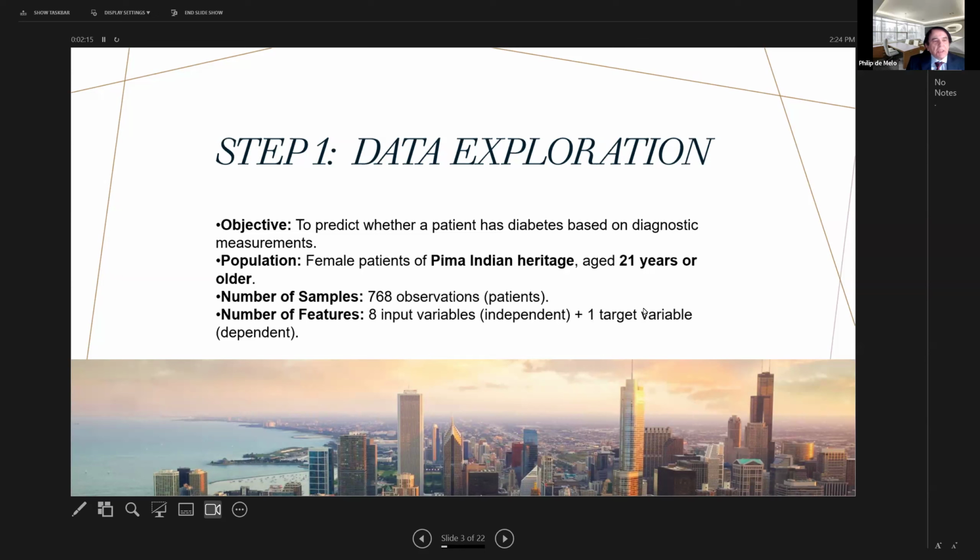This is population data from female patients of Pima Indian heritage, age 21 years or older. And we have a number of samples, 760 observations. For us, it is not a problem because in my previous lectures, we had data with tens of thousands and so forth.